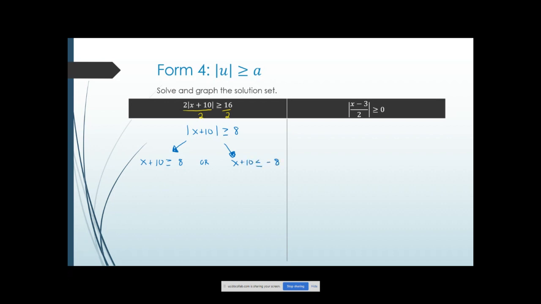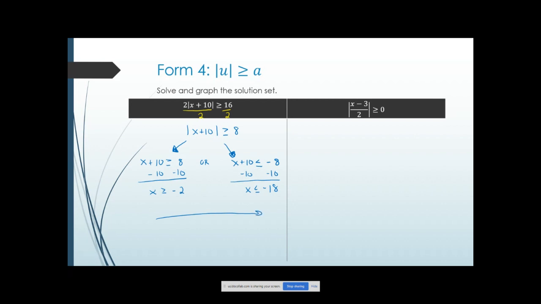So you switch the sign and you reverse the inequality. So now I solve both of these by subtracting 10 from both sides. We get x is greater than or equal to -2, and x is less than or equal to -18.